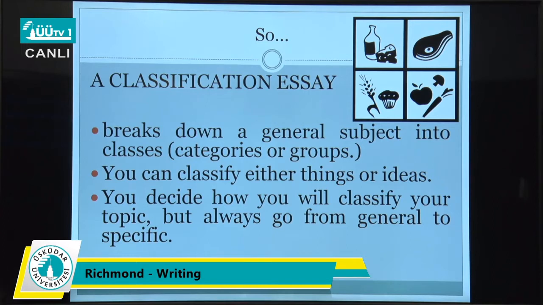We can classify either things or ideas. The subject itself doesn't matter much. And we get to decide how we will classify our topic, but it is always a good idea to go from general to specific.